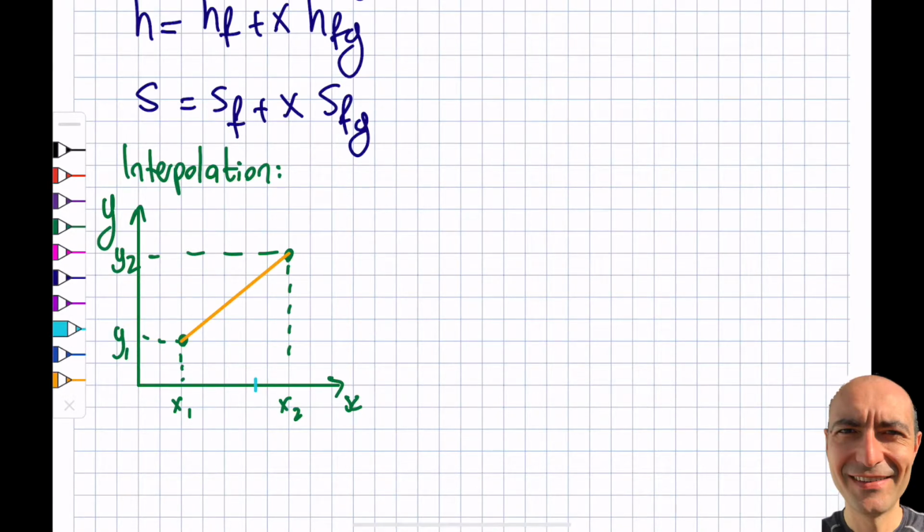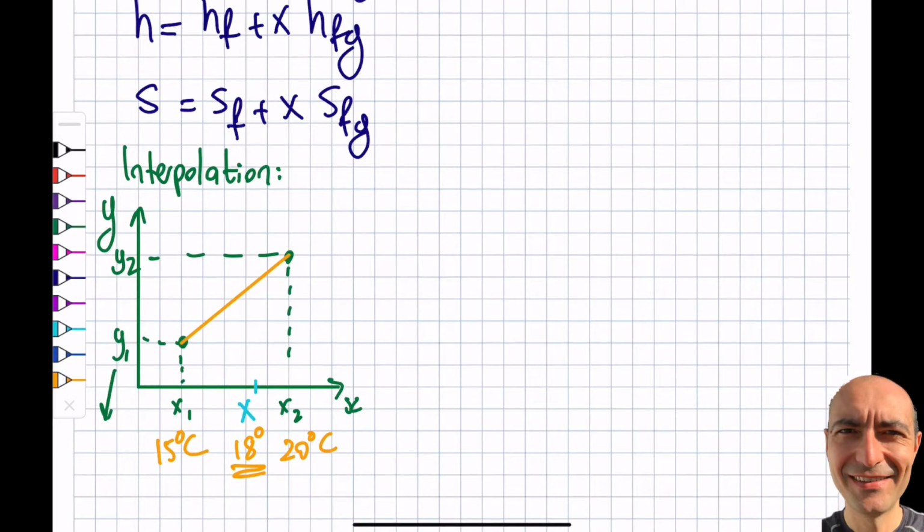Let's say that I'm here. That will be given to me. In my case, this is 15 degrees C, this is 20 degrees C, and I gave you the 18. That's what I'm interested in. The temperature that I want to deal with is 18. So let's say I'm interested in this point.